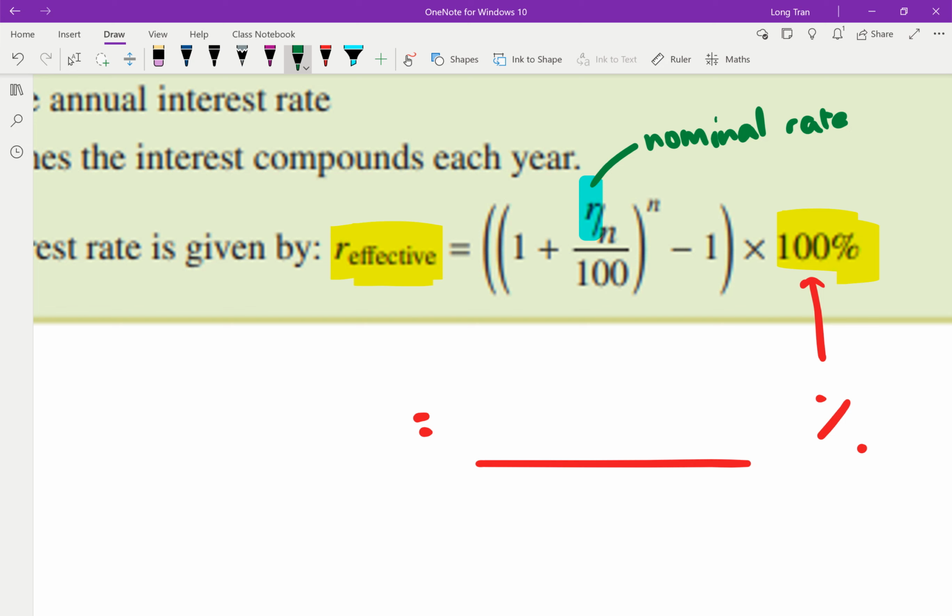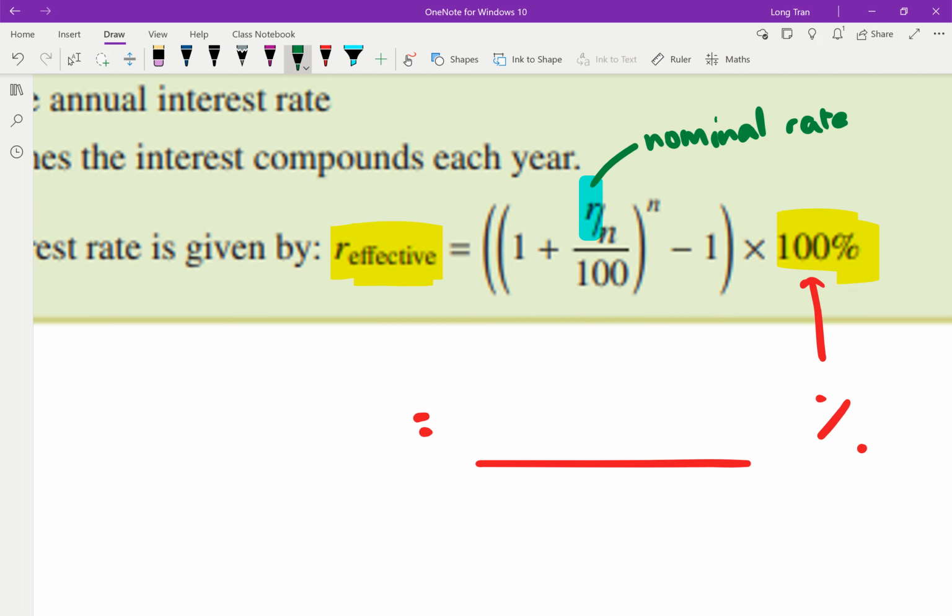Whatever your total is, minus the 100%, and you're only left with the interest. So this is left as an interest, times it by 100% to change the interest to a percentage. That's all it's doing. It's just saying calculate the overall interest and value minus the value that you started off with, times it by 100% to change it to a percentage.